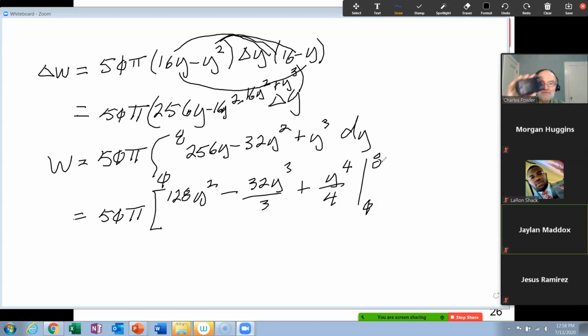I'm going to have to go sideways here so I can use the pi. 50 times pi times, open parentheses here, and then you have 128 times 64, which is 8 squared, that's 64, minus, and I can't do this one in my head, so that's going to be 32 times 8 cubed.